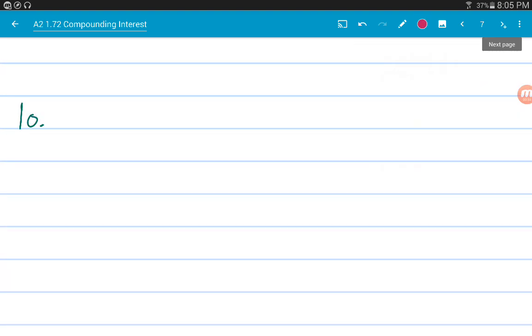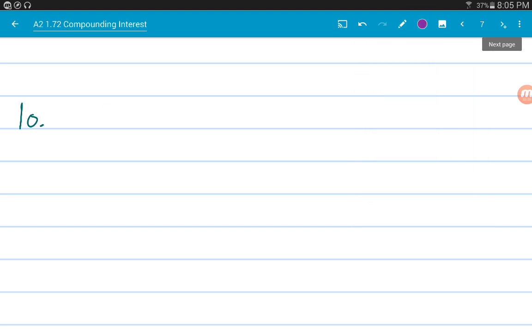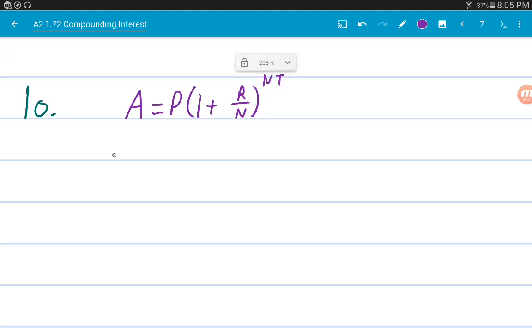So it's not compounded continuously. It's compounded like regular, a discrete number of times. So we'll start off with that equation. A equals P, 1 plus R over N, raised to the NT power. We'll plug in the info that we know already.